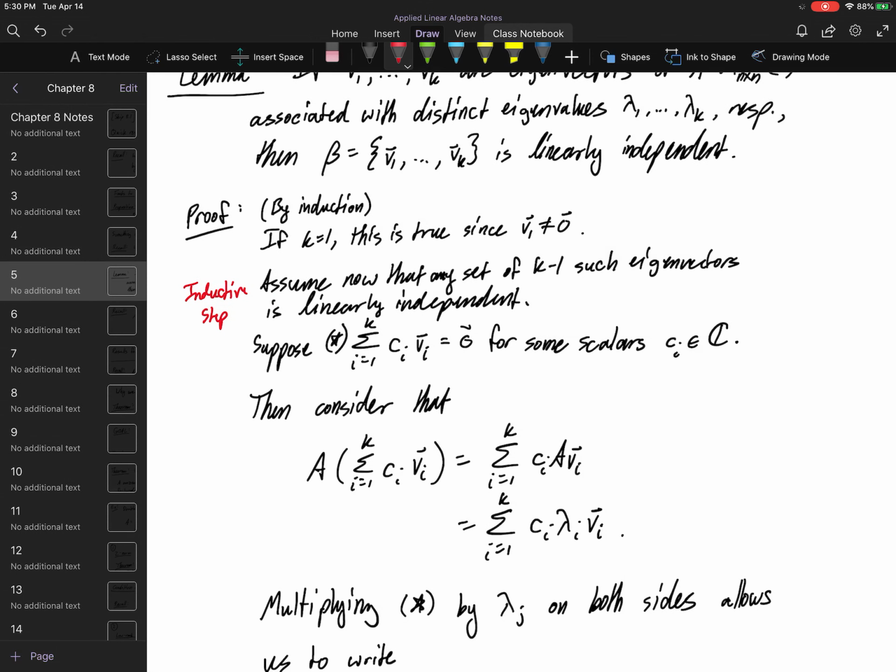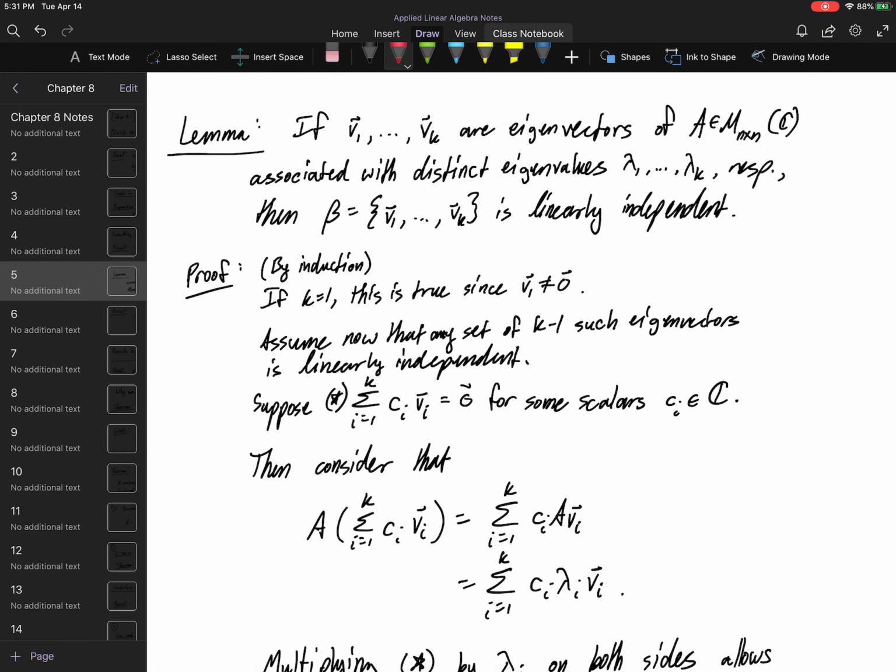In the inductive step, we get to assume that the k minus first domino is falling over. What we need to show is that because this domino is falling over, the next domino in the sequence will also fall over.